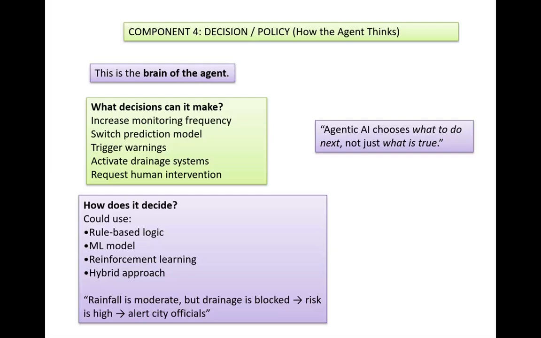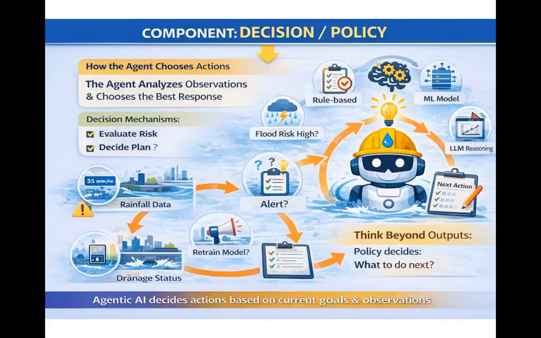It asks itself, should I activate the drainage system? Should I switch to a different prediction model because of an error? Or should I ask for human intervention? So this kind of decision making can be rule based, machine learning based, reinforcement learning based, or even a hybrid approach.